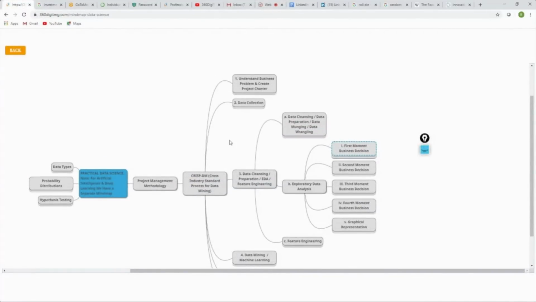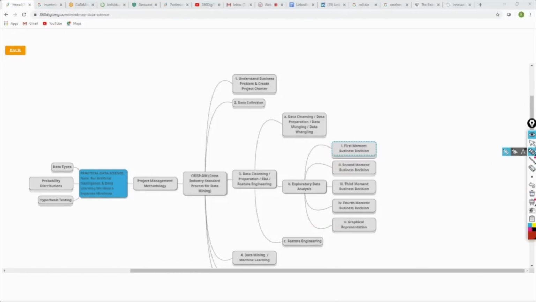All right, again, a quick recap. First, you need to understand the business problem, then collect the data, then perform exploratory data analysis. We just completed the first moment business decision and the second moment business decision. Now, we are going to look at graphical representation.